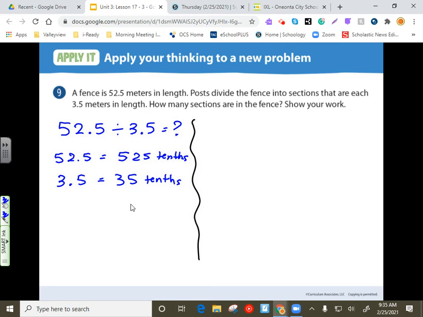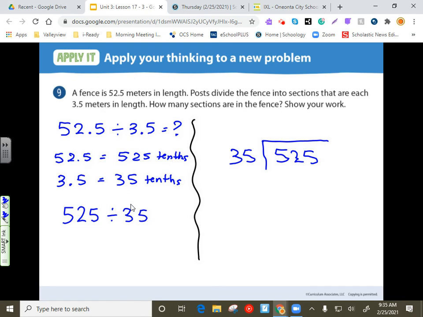So now our problem becomes 525 divided by 35. Let's set this up the traditional way. I'm not sure any of you know what 35 times something will give you 525, so let's set it up over here. And sorry for my smartboard, you know how it is.